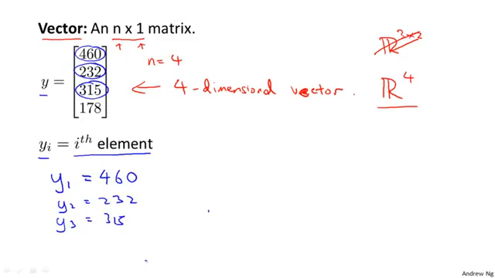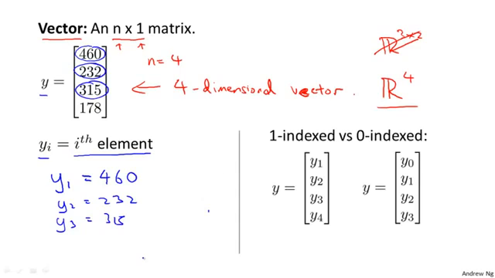Also, it turns out that there are actually 2 conventions for how to index into a vector. Sometimes people will use 1-indexed and sometimes 0-indexed vectors. The example on the left is a 1-indexed vector, where the elements we write as y1, y2, y3, y4.